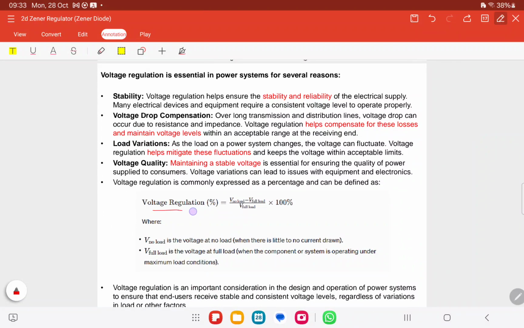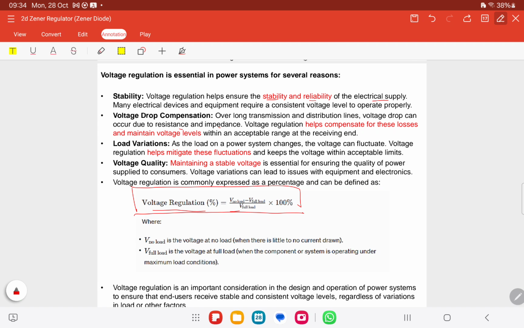Okay, voltage regulation equals V no load minus V full load over V full load, yang saya tulis kat atas tadi. Okay, stability. Voltage regulation helps to ensure the stability and reliability of the electrical supply, apa output power yang kita nak. And voltage drop compensation. Voltage drop can occur due to resistance and impedance.